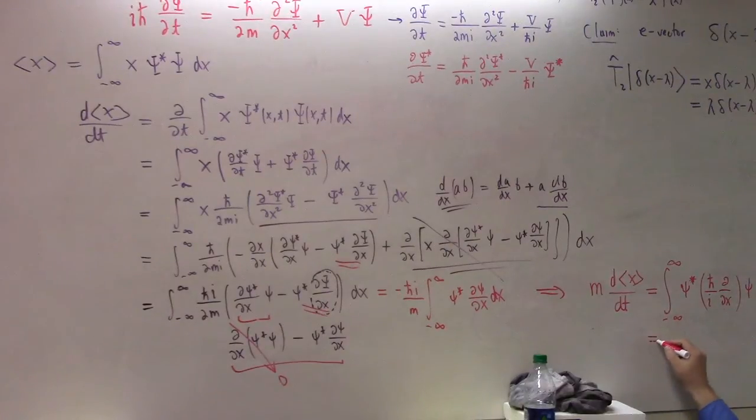In other words, this is psi star, h bar over i partial x acting on psi.